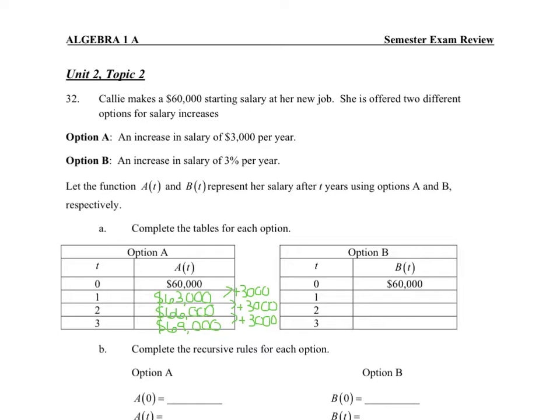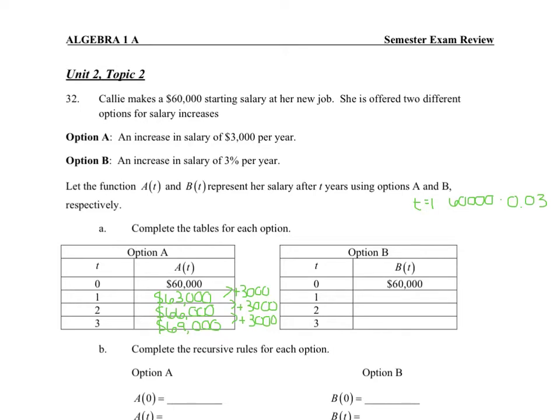Option B is B(t), which is $60,000, but we are doing an increase in salary of 3% per year. So it's very important to remember that we're doing percent. Percent is always written as a decimal. So we're going to start with, for when t equals 1, we have 60,000 times 0.03.